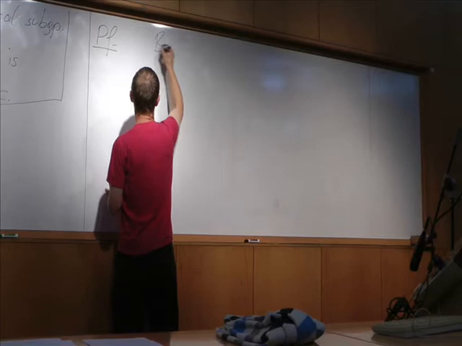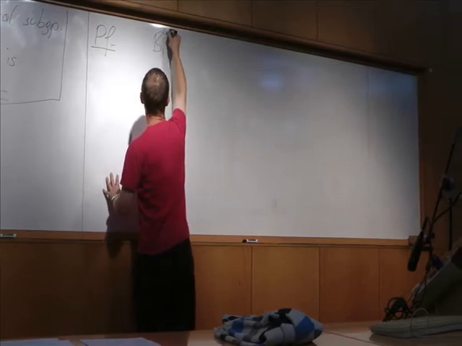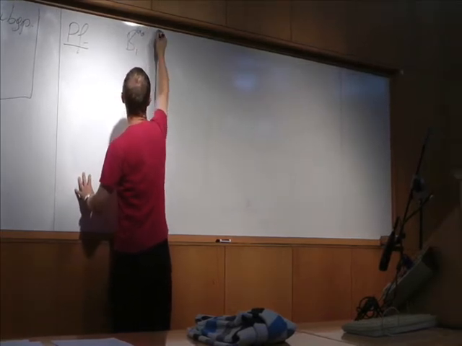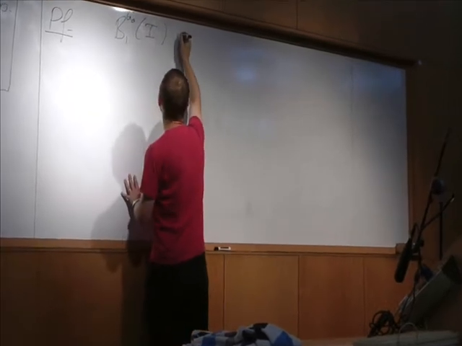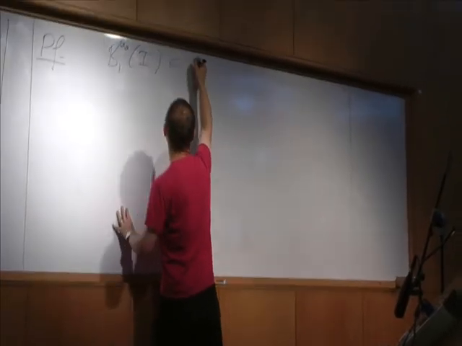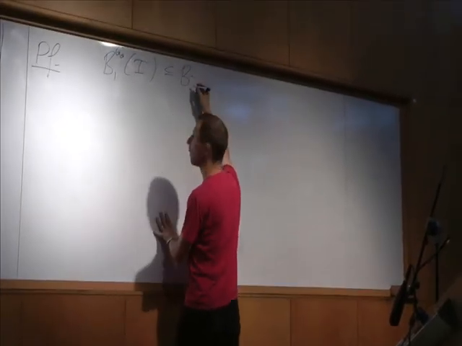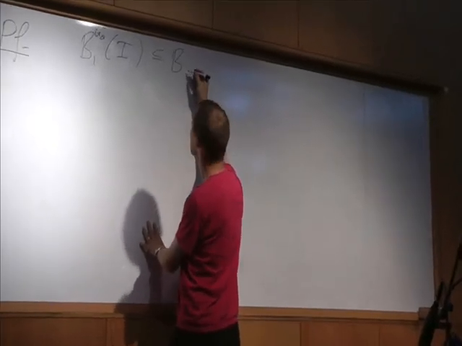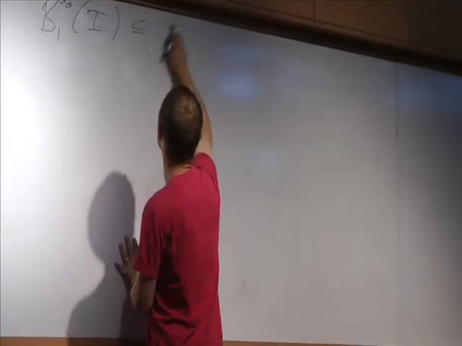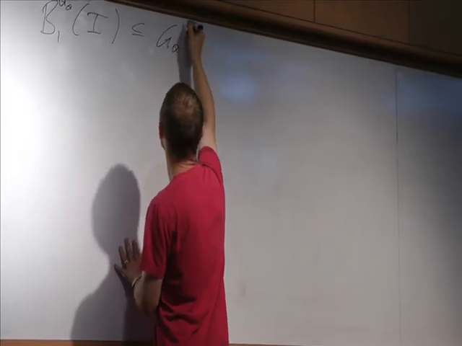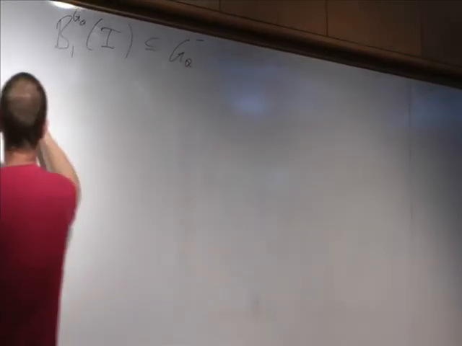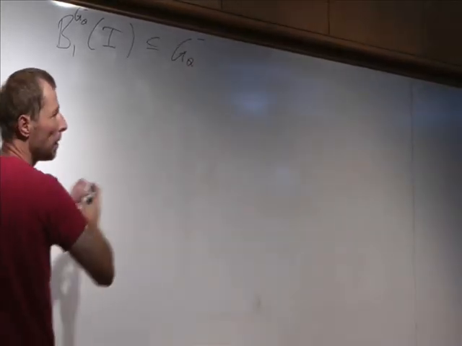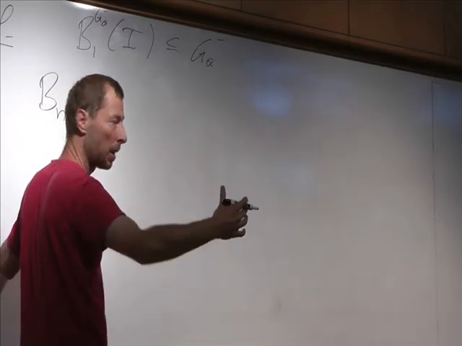Well, take the one ball inside G minus around the identity. That's the metric one ball inside this group. And then I use that to define bigger sets.